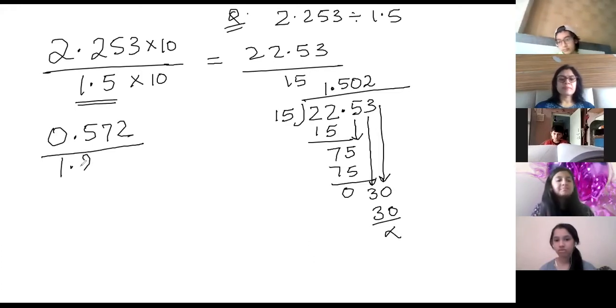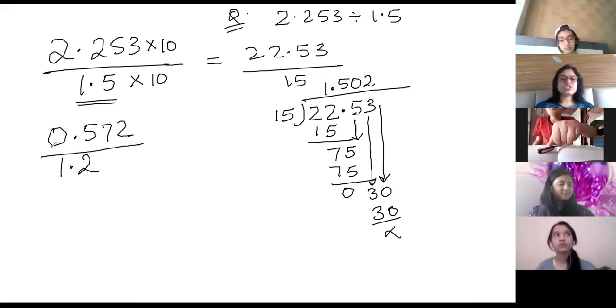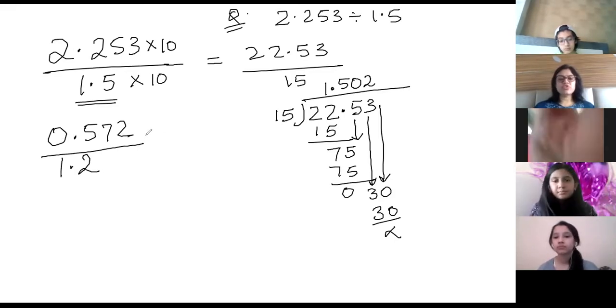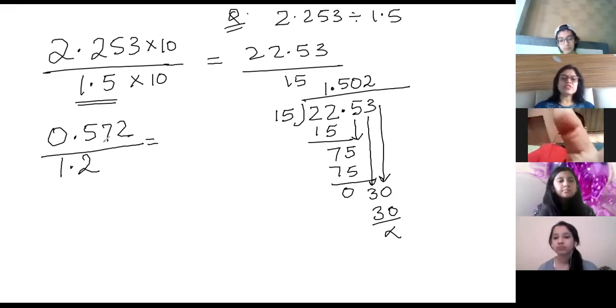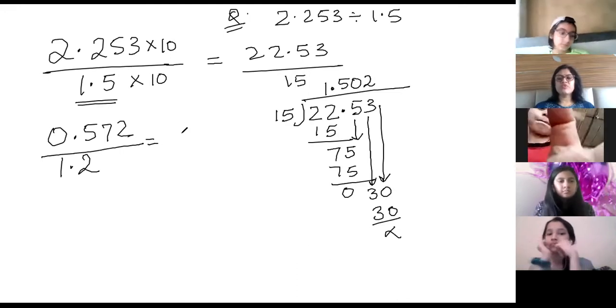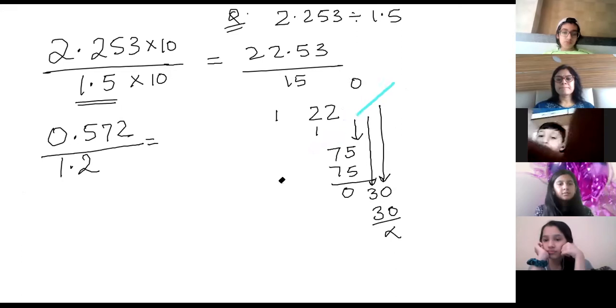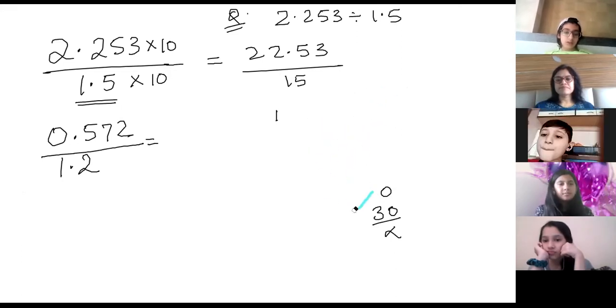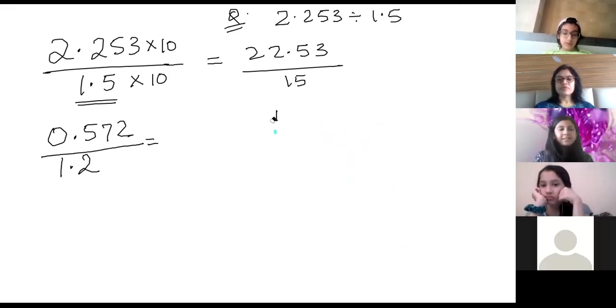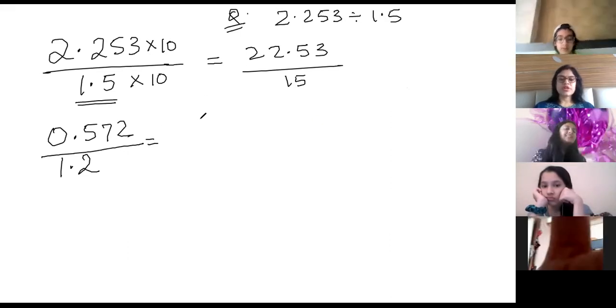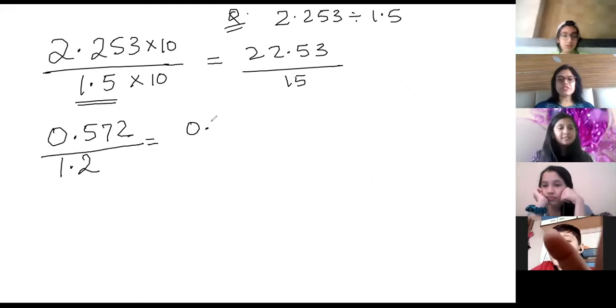Okay. So next question I'm doing 0.572. Rashda, tell me 0.572 divided by 1.2. What will I do over here? What will be my first step? You'll multiply both of them by 10. Correct. Why?